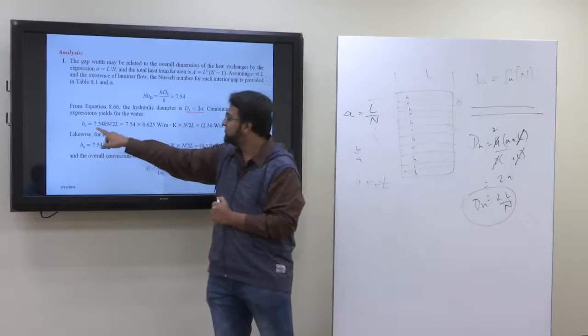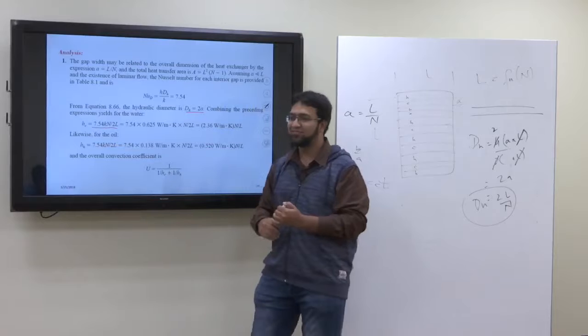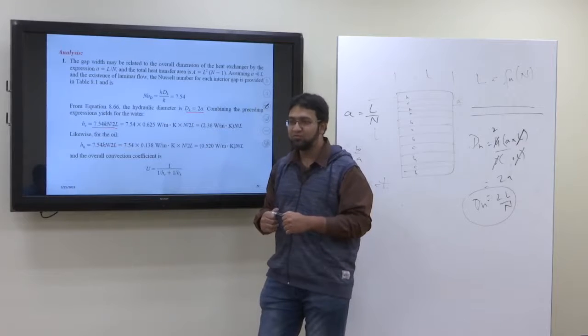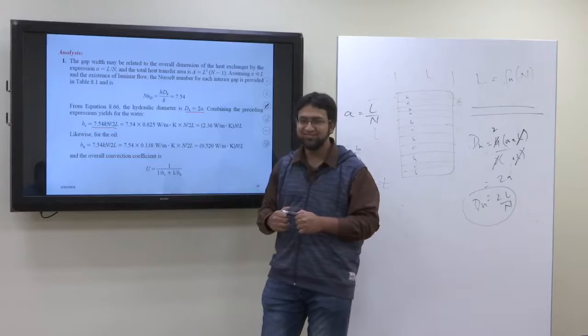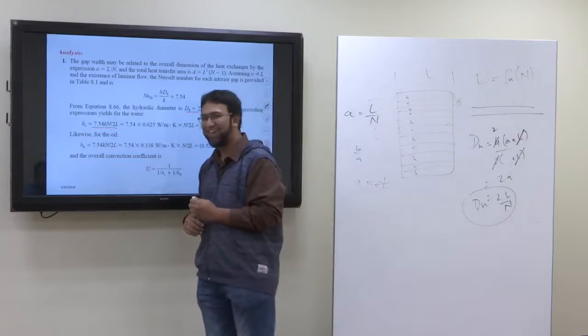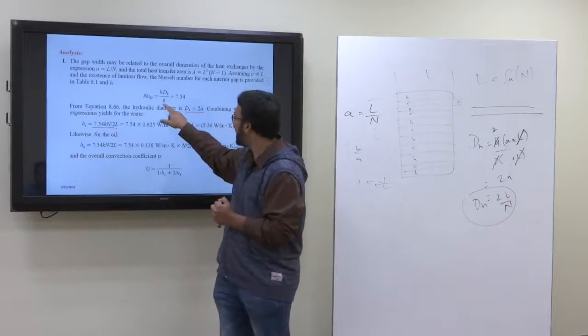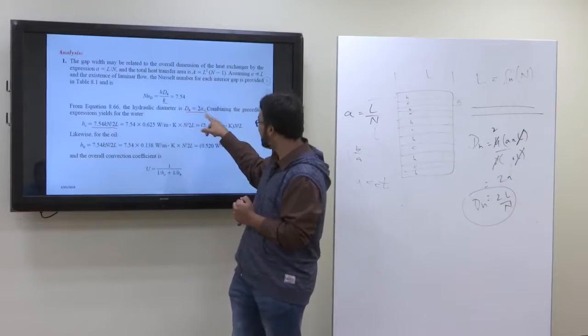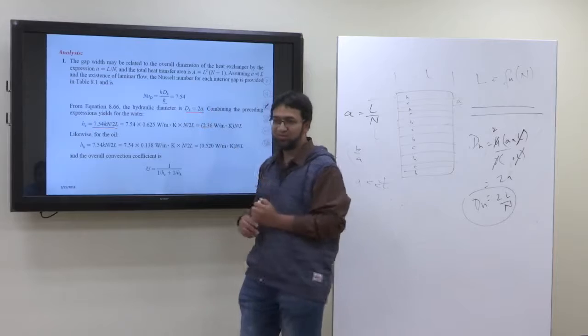So what's written here? 5.4. It's not kilonewton, okay, it's Kn. K is this K, N is when you substitute the value 2.